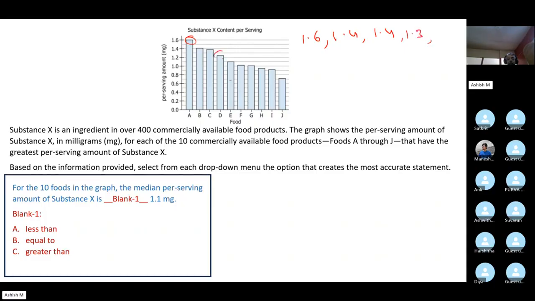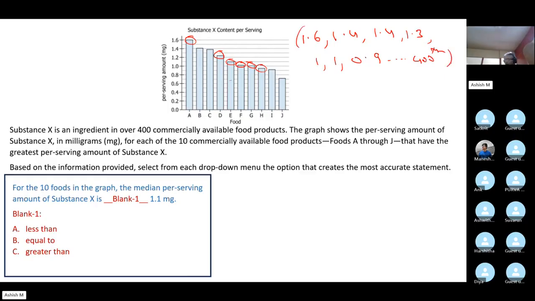By 1.3, I'm basically talking about this. Then 1, right? 1 is this. Sorry, this one, 1, correct? Then again 1, then 0.9, and so on till 400.